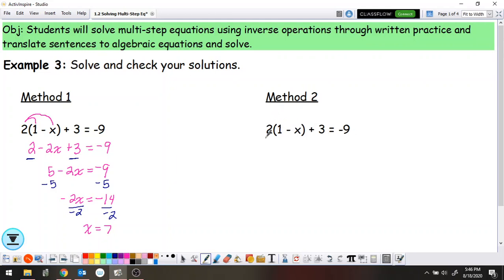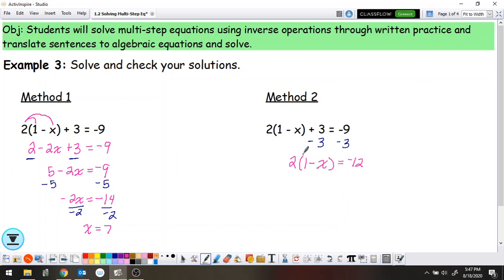So I want to get this multiplication isolated, and to do that I'm going to subtract 3 from each side. So that's going to leave me with 2 times (1 minus x) equals negative 12.